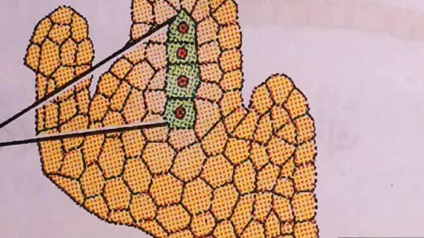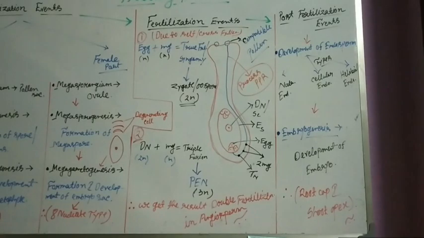Out of these, 3 degenerate, while the remaining 1 develops into the functional megaspore, which converts to the embryo sac. So in the female part of pre-fertilization, we get the main result: the embryo sac with 8 nuclei.